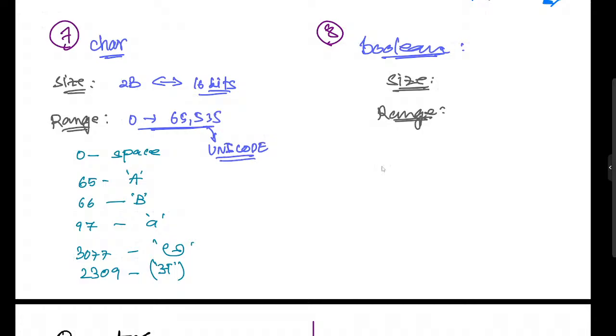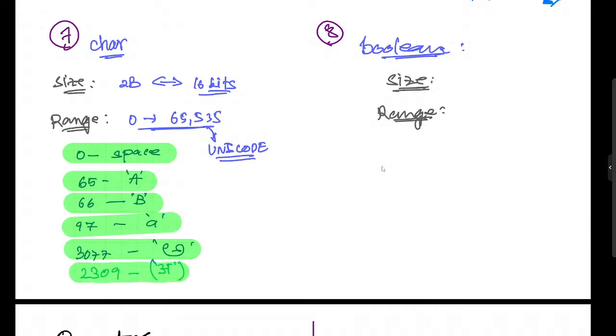You can see that 0 is stored as space, 65 is A, 66 is B, 97 is a, 3077 is a Telugu letter called A, and 2309 is a Hindi letter called A.